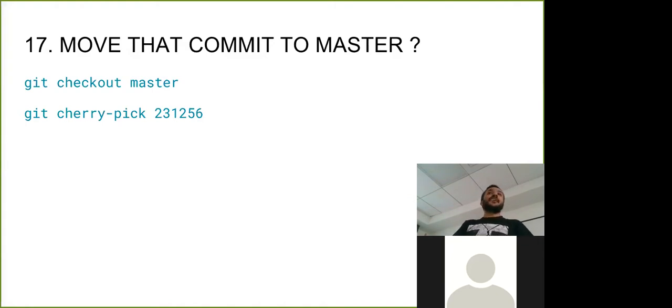So cherry pick is for moving a particular commit to master. That can happen earlier also; the head need not be at that particular commit. If the head is already on that commit, then we can simply merge and there's no need. But if I am at a commit a thousand before, then cherry pick helps.